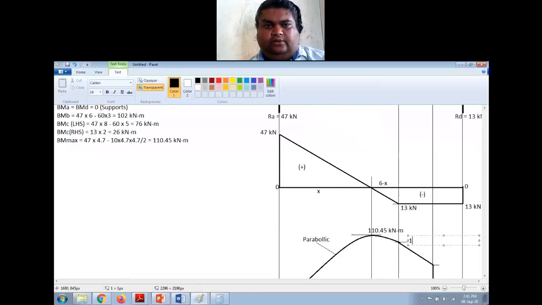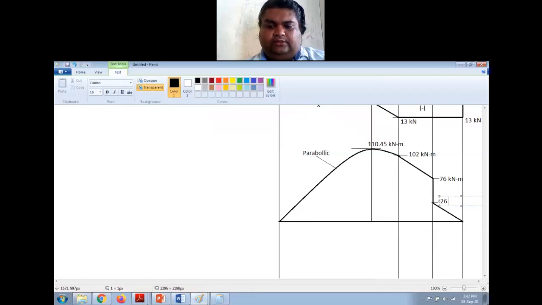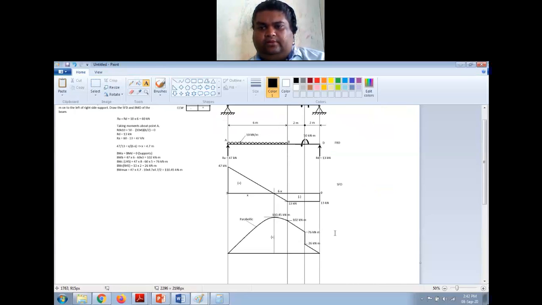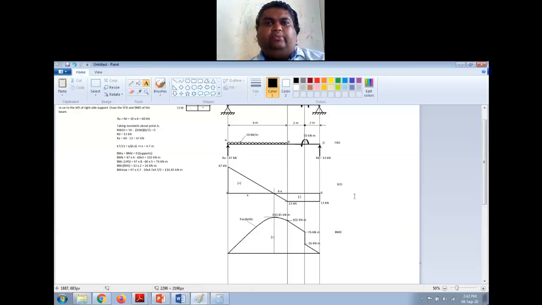This is 102 kilonewton meter. This is 76 kilonewton meter. This is 26 kilonewton meter, right? And here you write positive, bending moment diagram. So this completes the solution to the given problem.